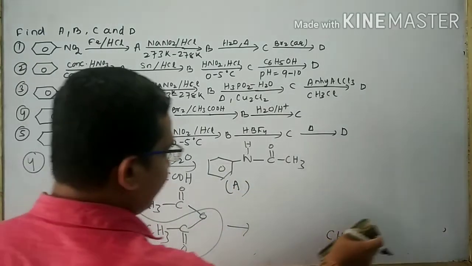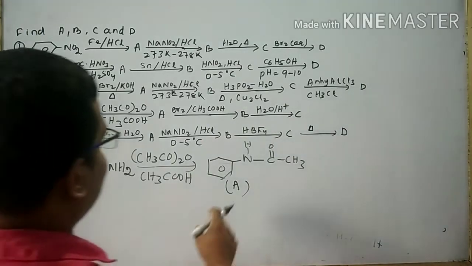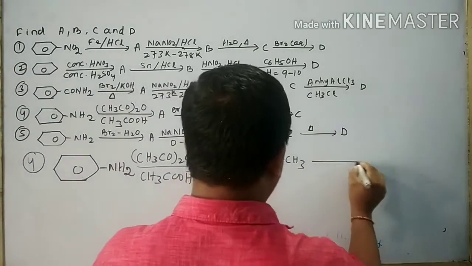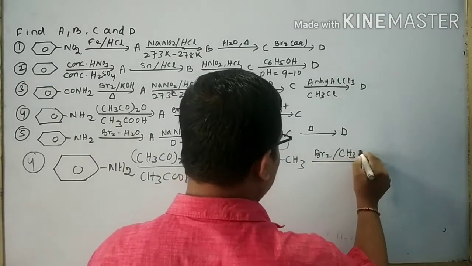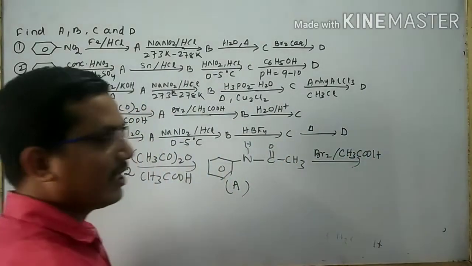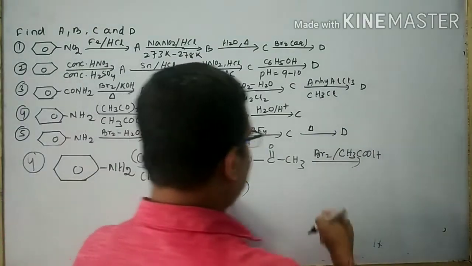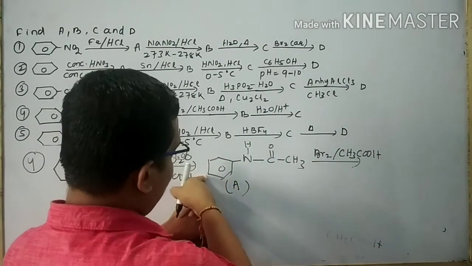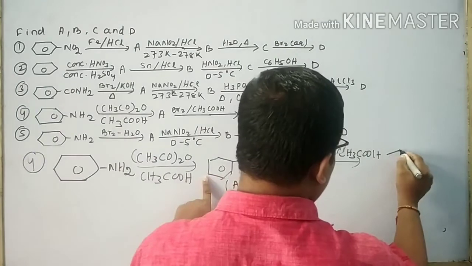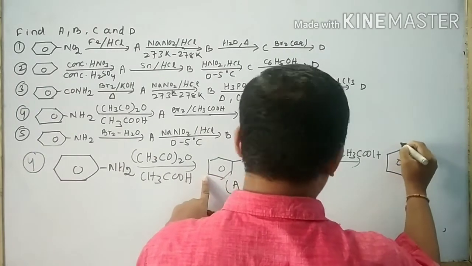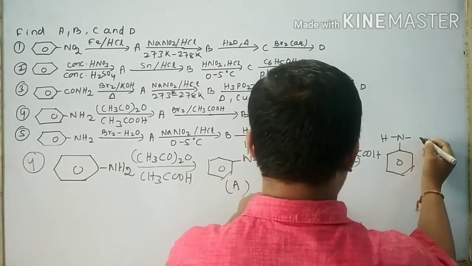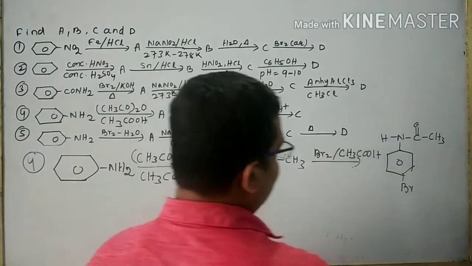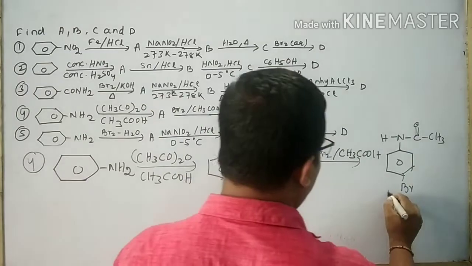Next, A is treated with Br2 in the presence of CH3COOH. Halogenation takes place. That means bromine will attach at the para position. This is the structure of product B. This is considered as your B product.